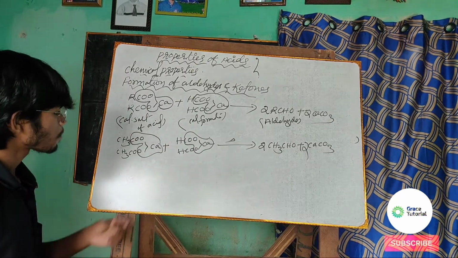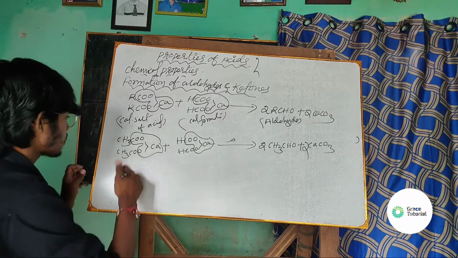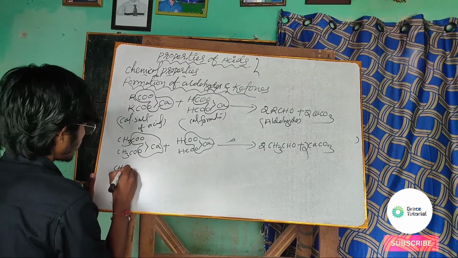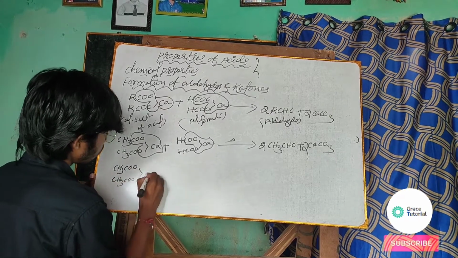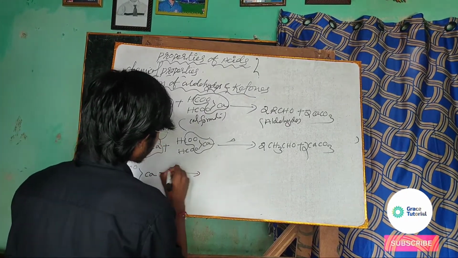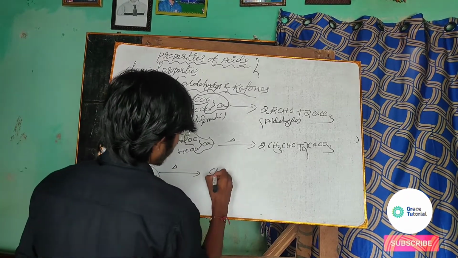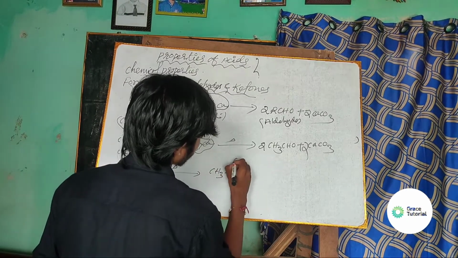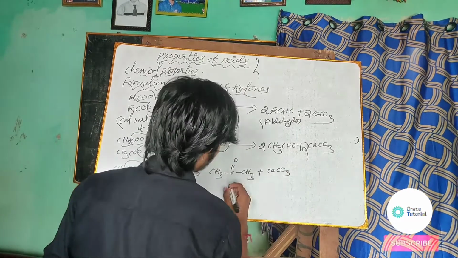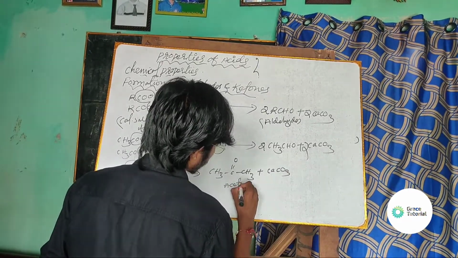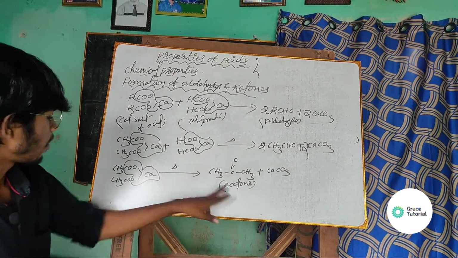Now the point is, if the calcium acetate is alone heated, then what happens? I have CH3COO, CH3COO. When this calcium acetate is alone heated, then calcium carbonate is removed, and finally it gives acetone.